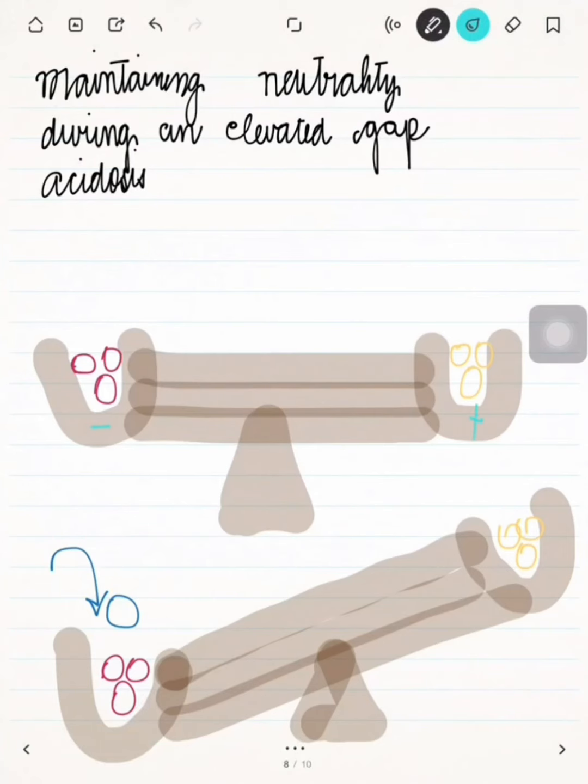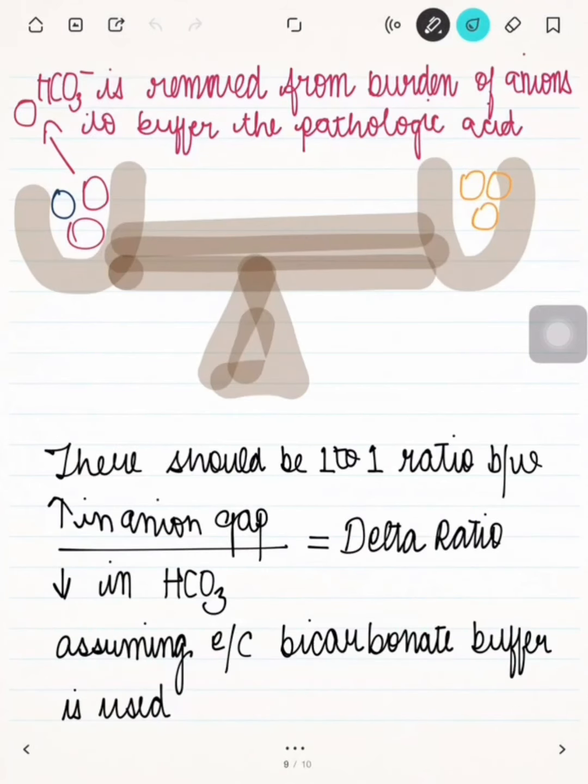In case extra acid enters our body, a pathologic acid like lactic acid, this will contribute to the anion burden, and bicarbonate is removed from the burden of anions. So bicarbonate will buffer the acid.